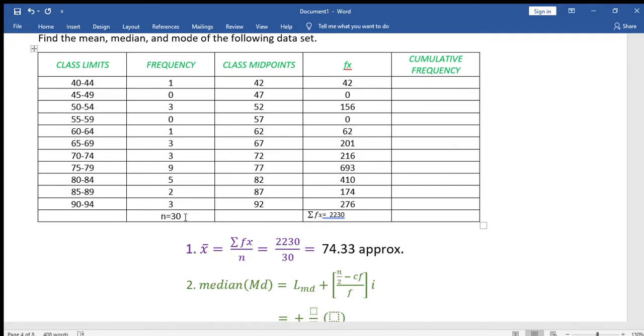That's the meaning of mean. There is a common score among all the students.